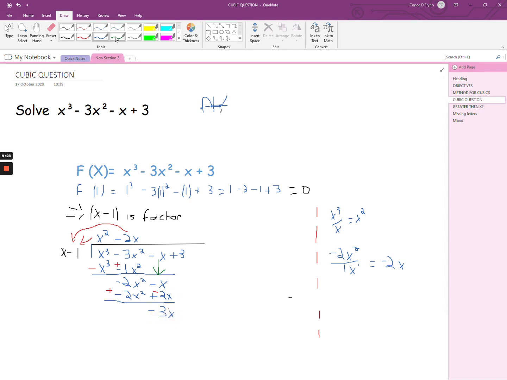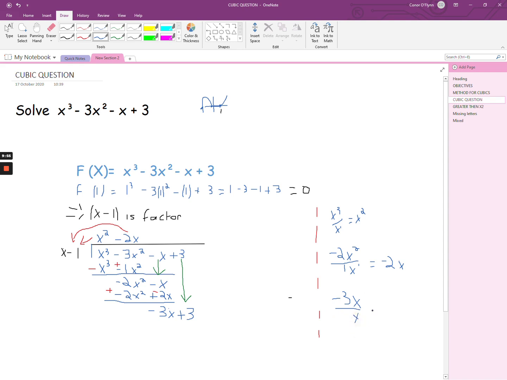Right, and then again, I'll bring this down. Plus 3. And now I'm dividing by this. It's the minus 3x now I'm going to divide by. So it's minus 3x divided by x.